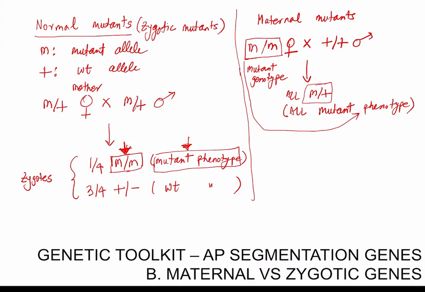And given that these are all recessive mutants, if we were to do a cross of a het female with a het male, we would get 1/4 homozygous for the mutant allele and 3/4 having at least one wild type allele.